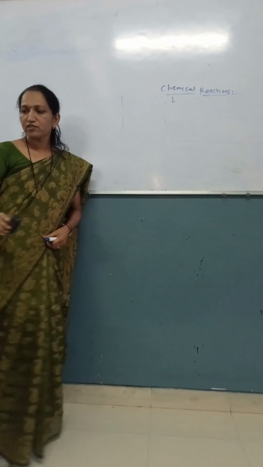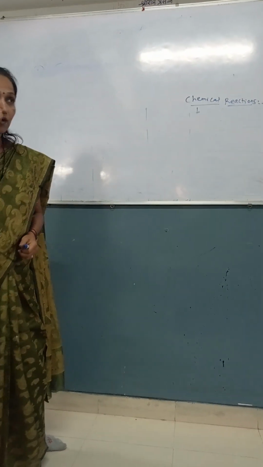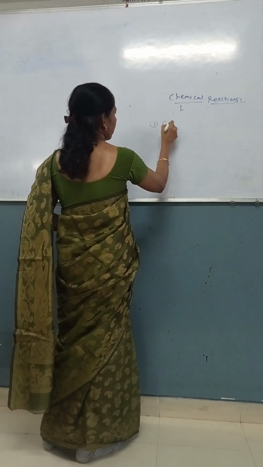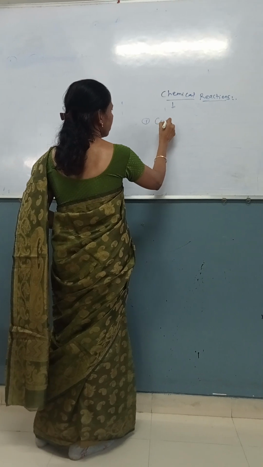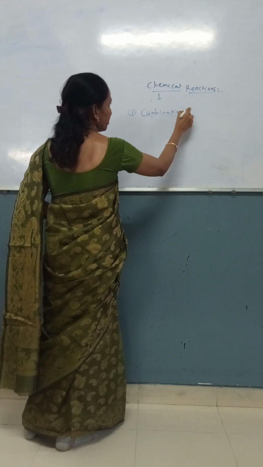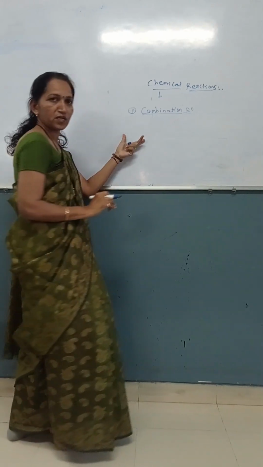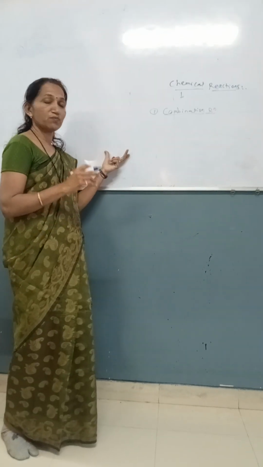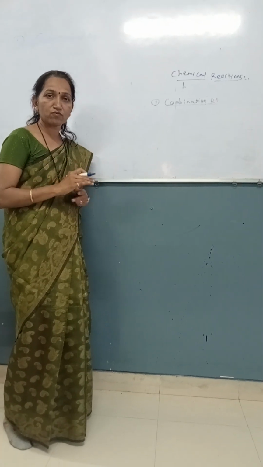Now these chemical reactions are classified into 5 main types. First one is the combination reaction. Combination reaction is the first reaction. Here two products are combined with each other. Firstly you should remember what are the reactants and what are the products.